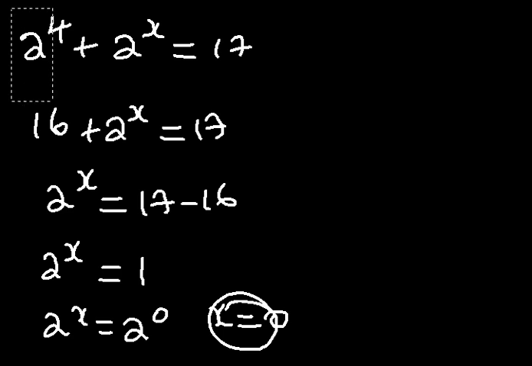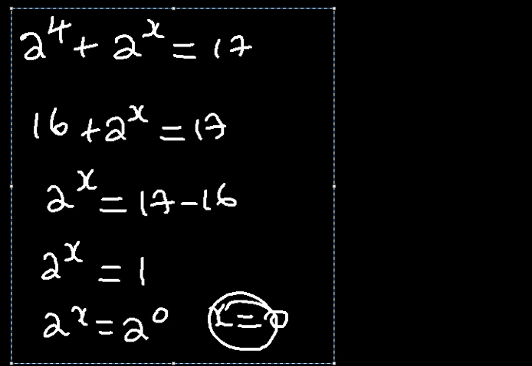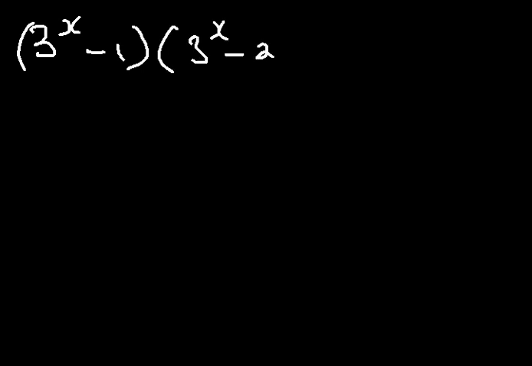And how about, let's say, if we have this case? Now try to work on this in your own time. Let's say you have (3^x minus 1) times (3^x minus 2) equal to 0.